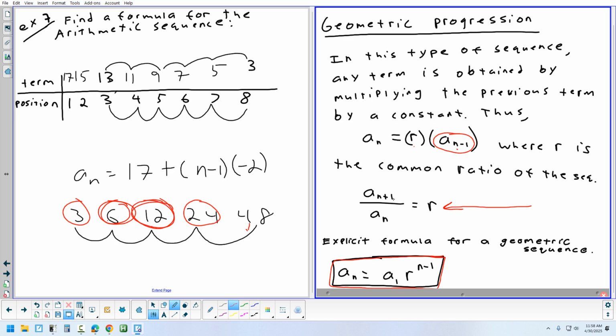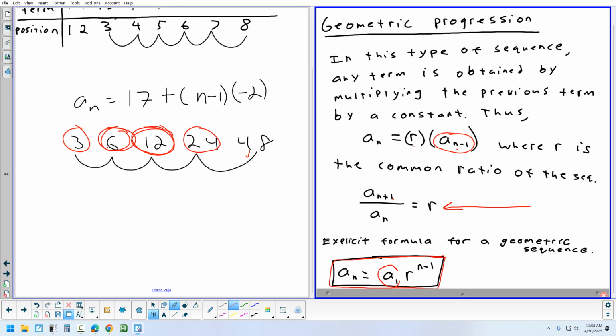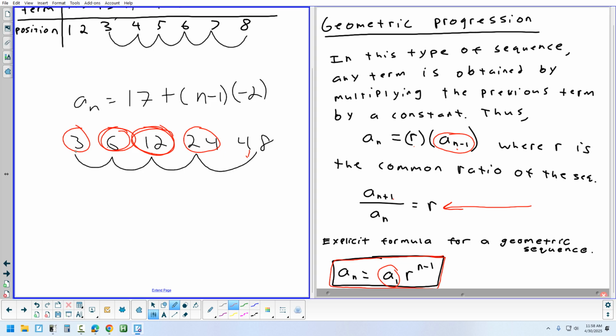So let's try that for this one. You still need to know the first term. That's important. First term is 3. r is what I multiply by each time. What did I multiply by each time? 2. 2 to the n minus 1. That should be the formula.